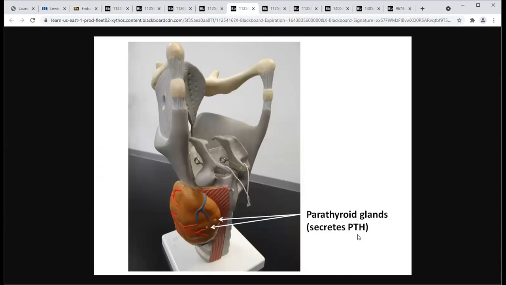Parathyroid hormone also targets osteoclasts. So a very small group of cells is targeted. And in this case, osteoclasts are speeded up in their action. So if calcitonin was the brake pedal for osteoclasts, parathyroid hormone is the gas pedal for osteoclasts.